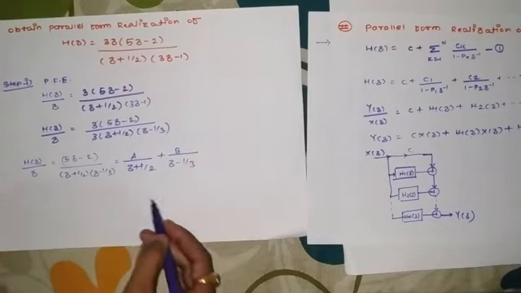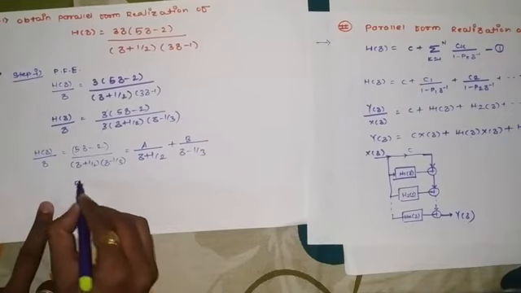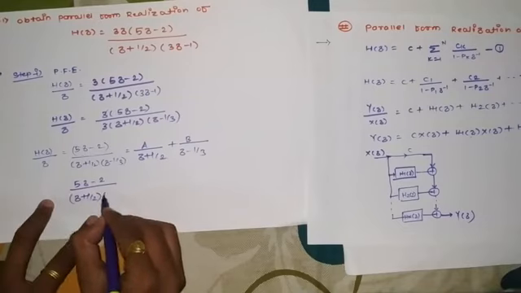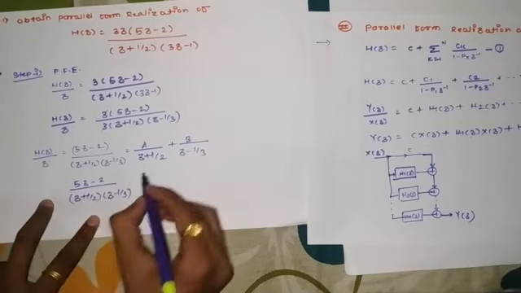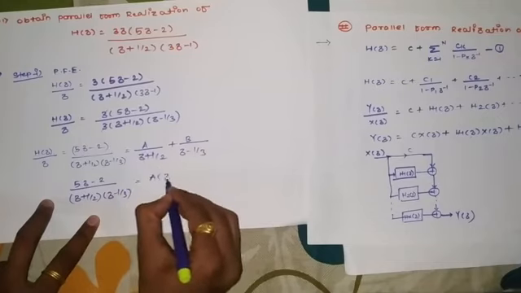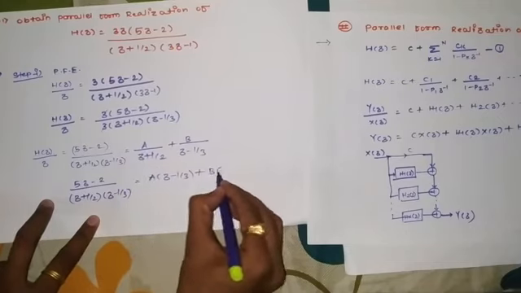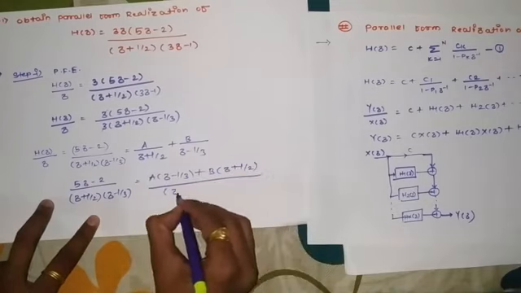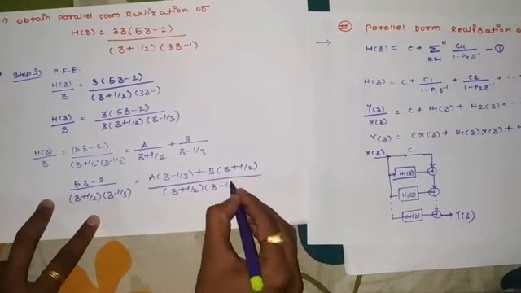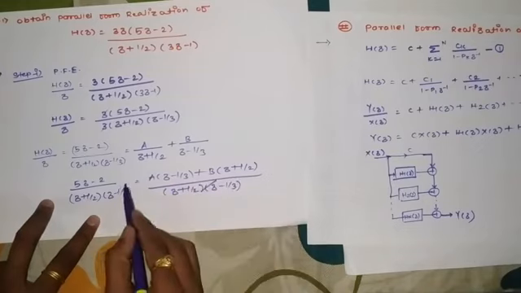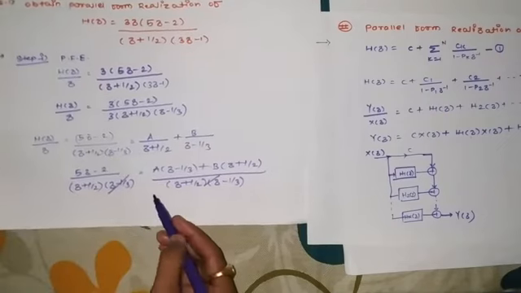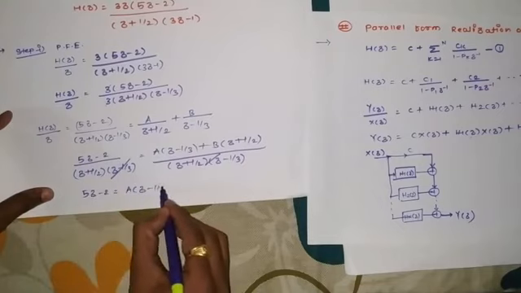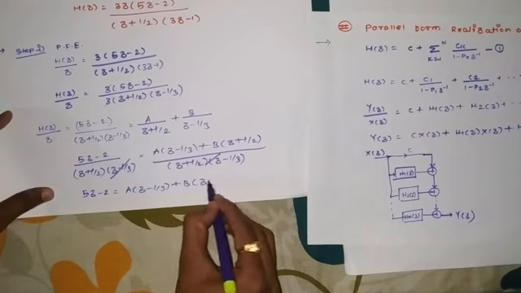Now by the partial fraction expansion, (5z - 2)/((z + 1/2)(z - 1/3)) equals, we'll cross multiply the terms, A(z - 1/3) + B(z + 1/2), divided by (z + 1/2)(z - 1/3). So the denominator terms will get cancelled and we'll get the equation 5z - 2 = A(z - 1/3) + B(z + 1/2).